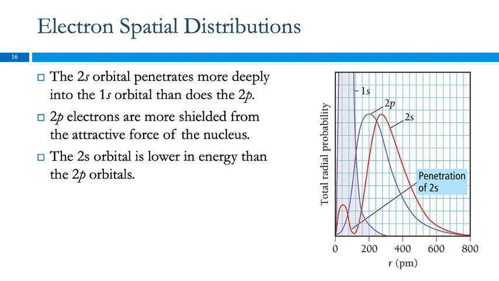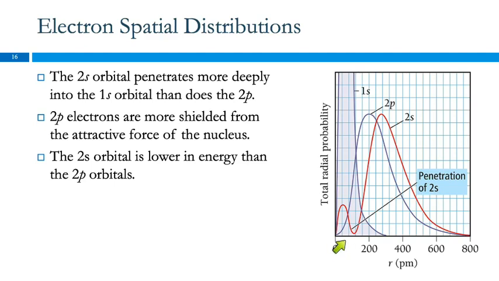So r is the distance from the nucleus, and this line shows us the probability of finding the electron at that distance. So for an electron in the 1s orbital, if you're looking at 600 picometers, the probability of finding the electron is basically zero, just minuscule.